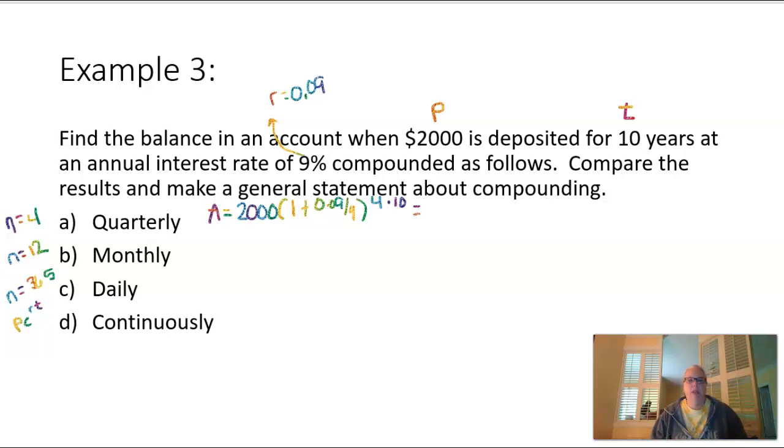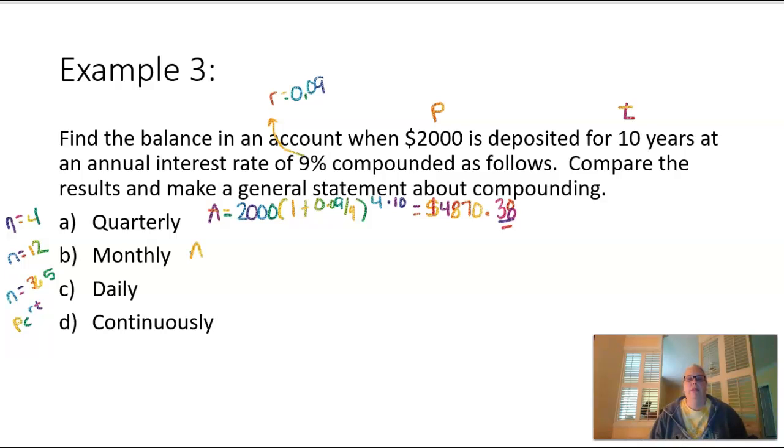I'm getting $4,870 and 38 cents. And be sure you round this off to 2 decimal places because this is money.